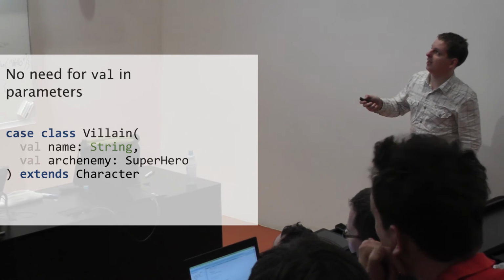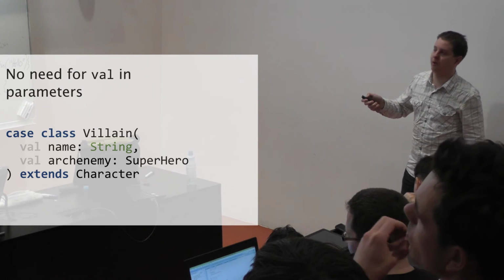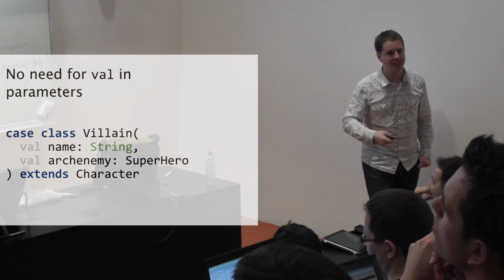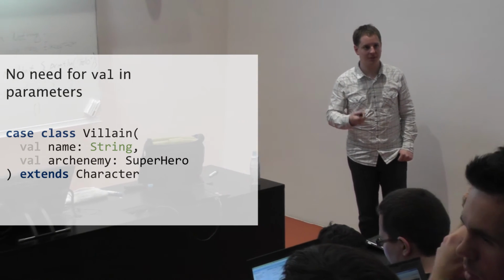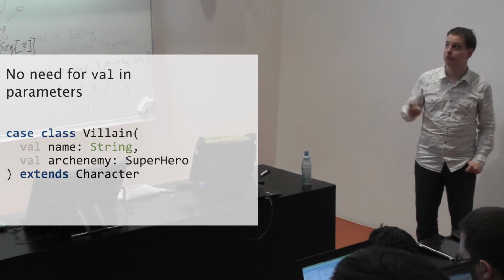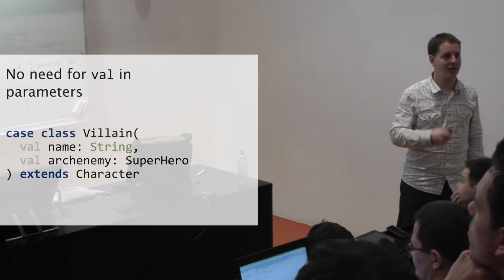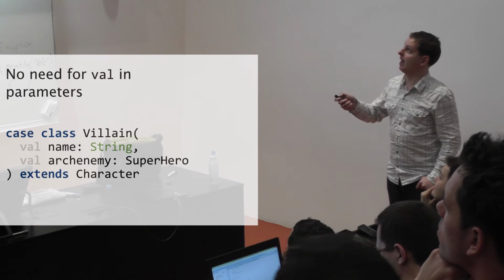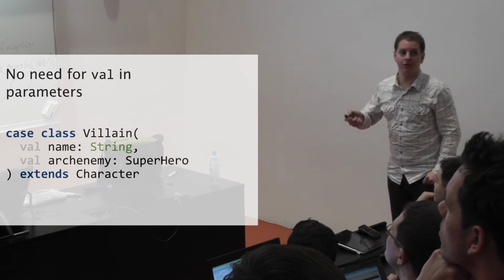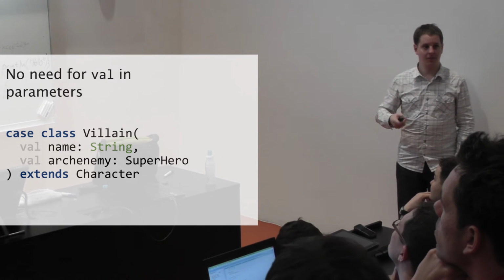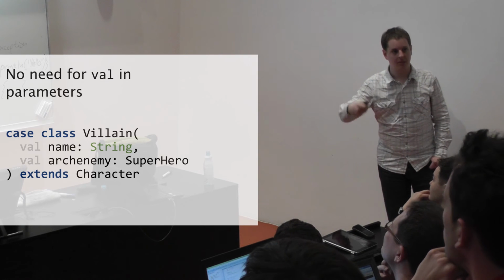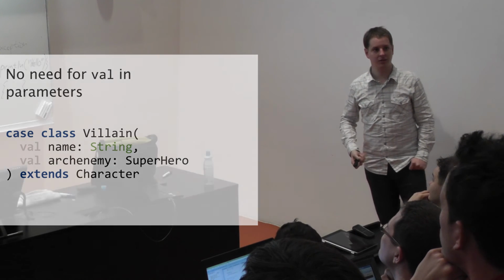And if you put a val in front of the parameter, it will also create a field, an immutable field, something like final. So it's just 3 letters, 4 keystrokes, including the space, and you get another field. And the value of this parameter is put into the field during creation.